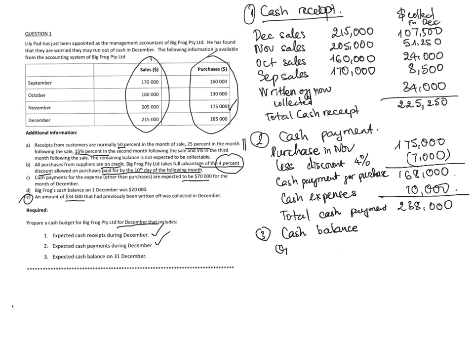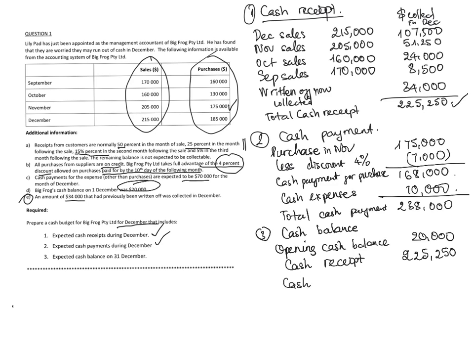So you have the opening cash balance, which is here, 20,000. And you have the cash receipt, which is here, 225,250. And then you have the cash payment, which is here.